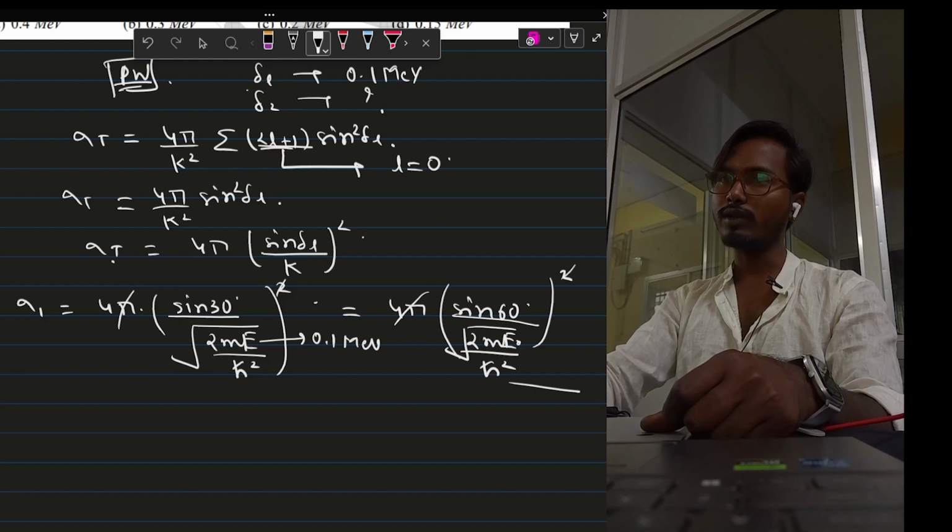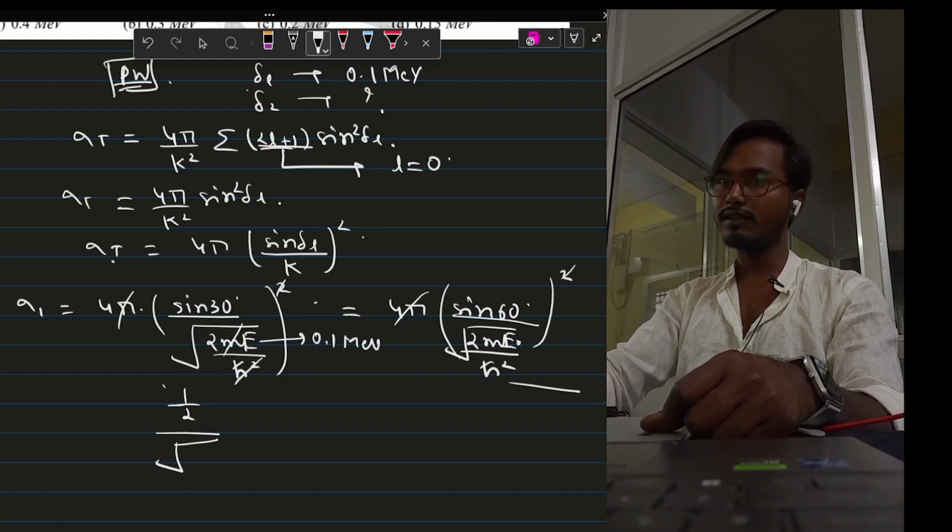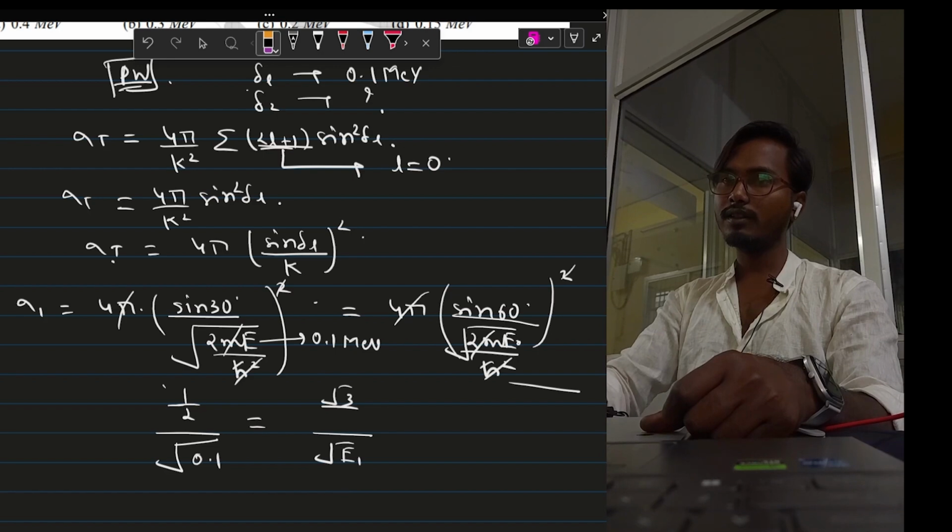From squares, square cancels. So we can say that the value of sine 30 here is 1 by 2 divided by root over, all terms cancel, root over 0.1. Okay, here the value is root 3 by 2 divided by root over e1. This 2 cancels also.